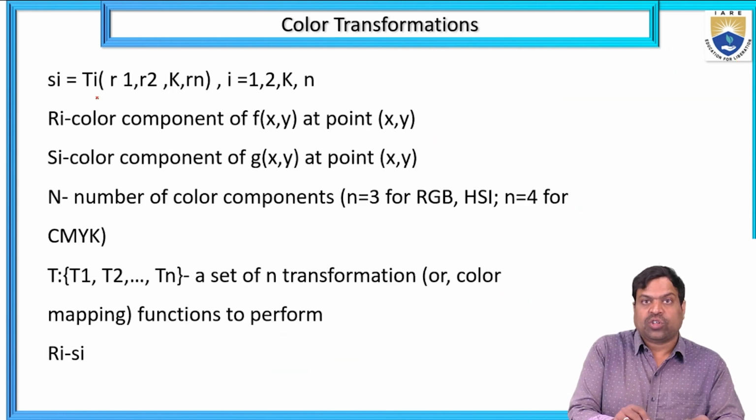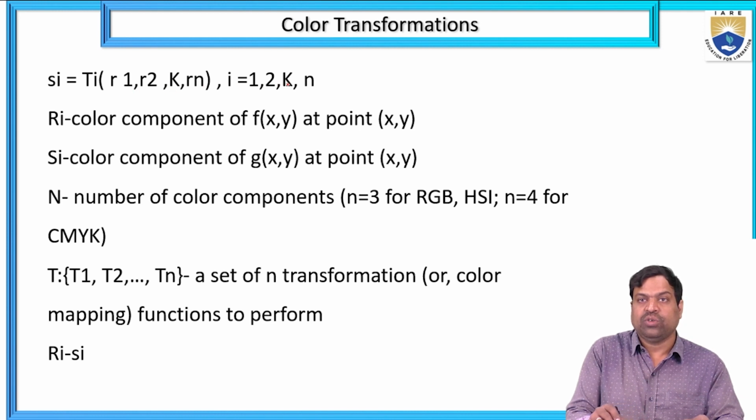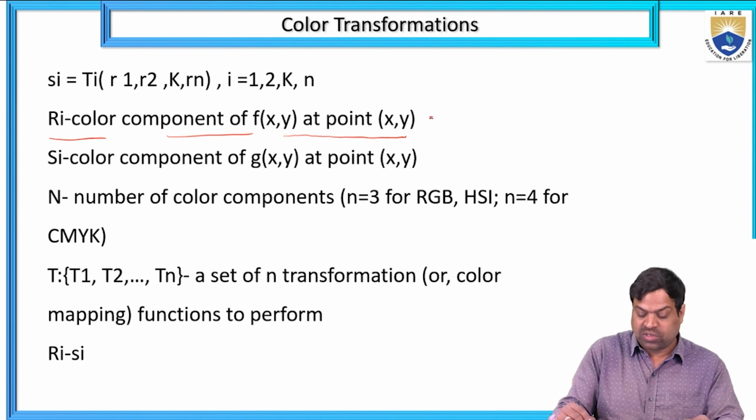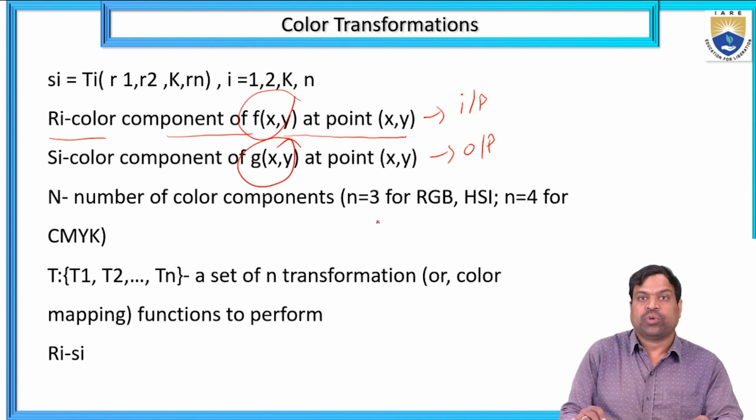Si equal to Ti of R1, R2, so on Rn, where i equals 1 to n. Here Ri is a component of f of x, y at point x, y, and Si is the color component of G of x, y at point x, y. So f of x, y is the input, and G of x, y is the output image.